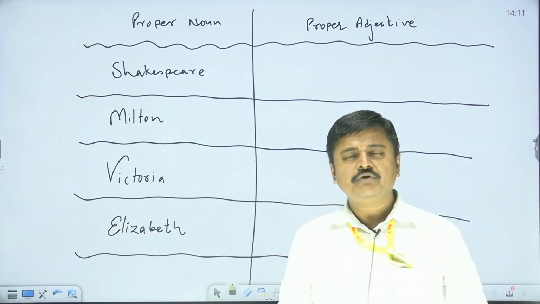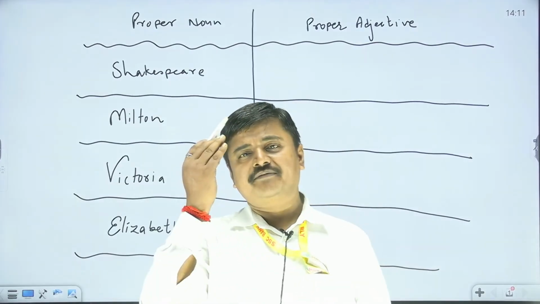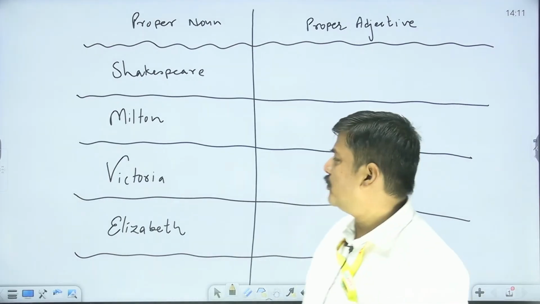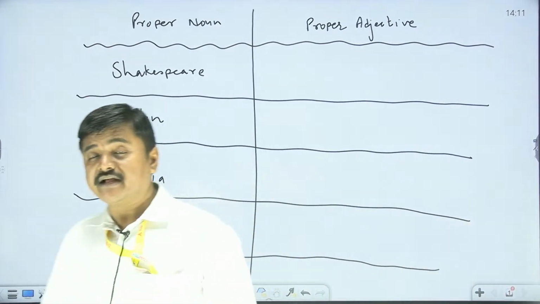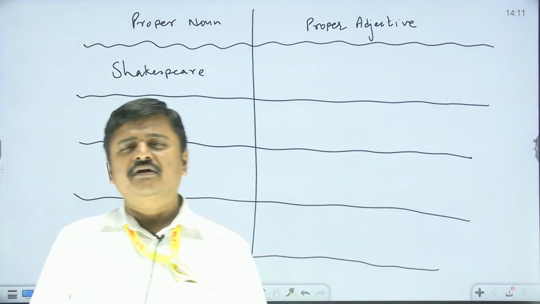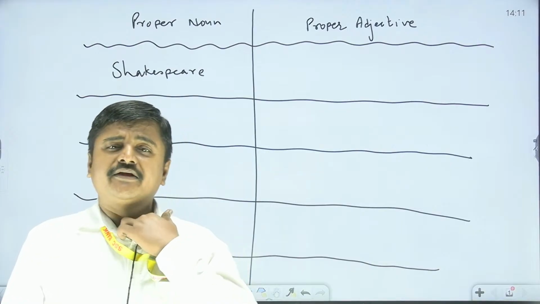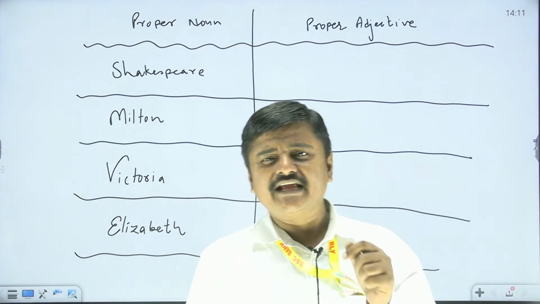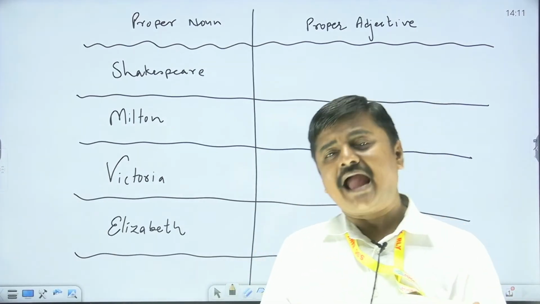I believe you have heard the names of these four great personalities: Shakespeare, Milton, Victoria, Elizabeth. It is necessary that you have heard these names because the adjectives we are going to form from them will be pure proper adjectives used in English, and they are English names actually.